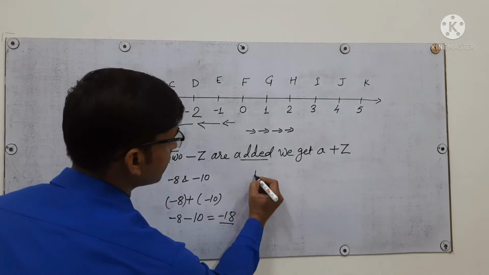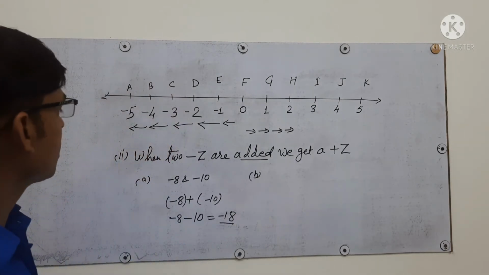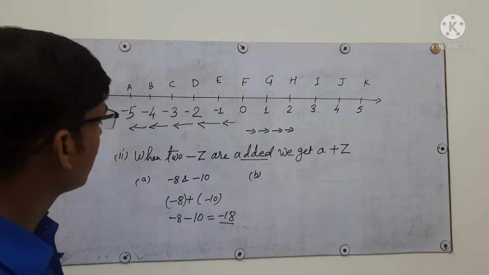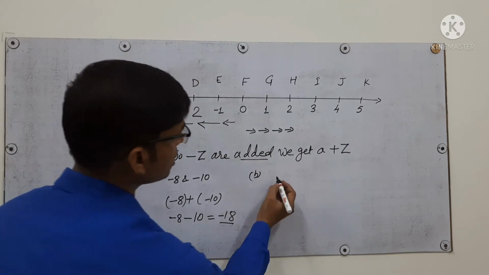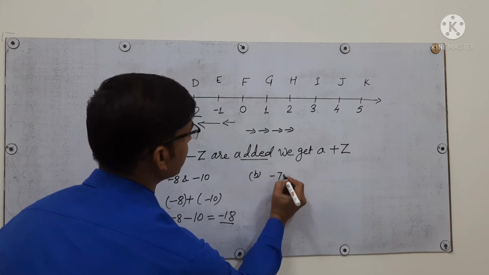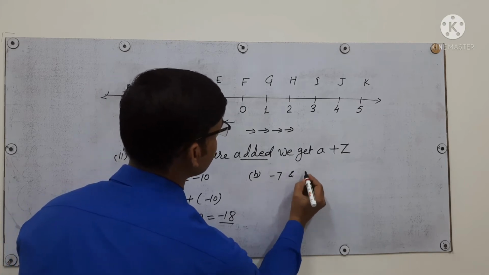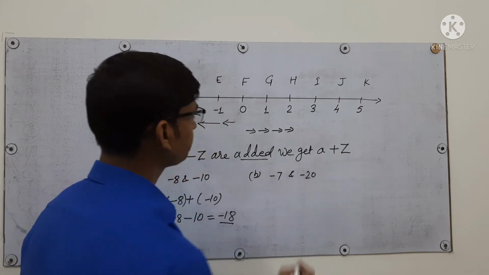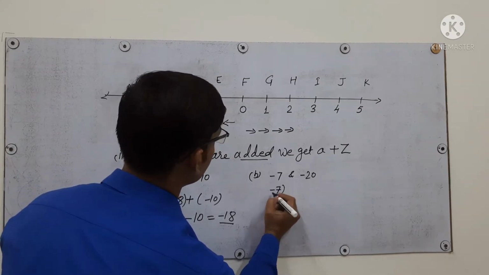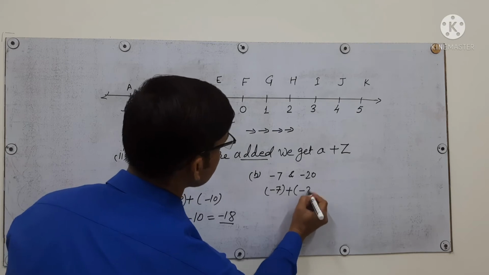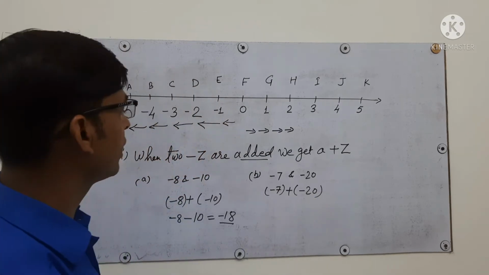We will do another example to learn this better. Now we will take two other integers. Suppose these are -7 and -20. Now we will add them, -7 plus -20. What will we get?